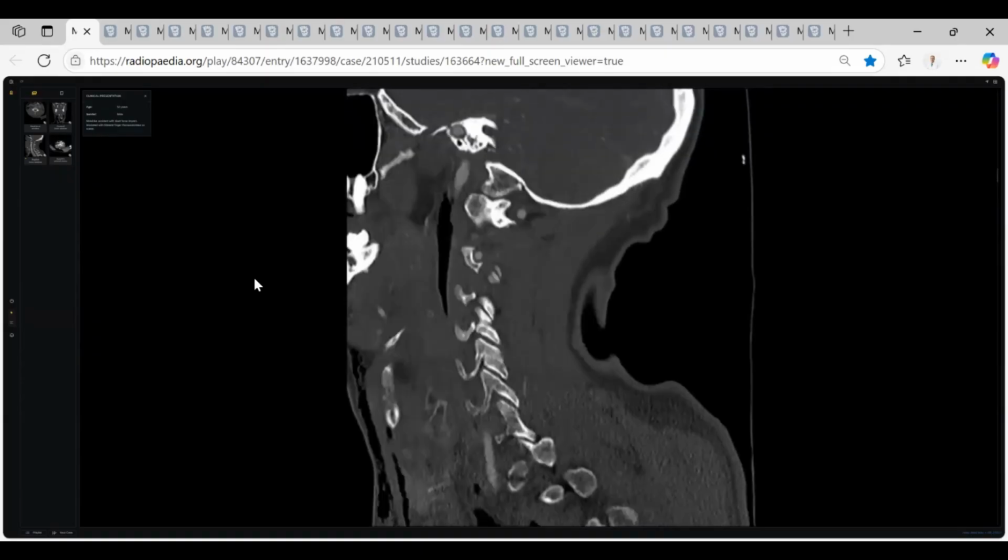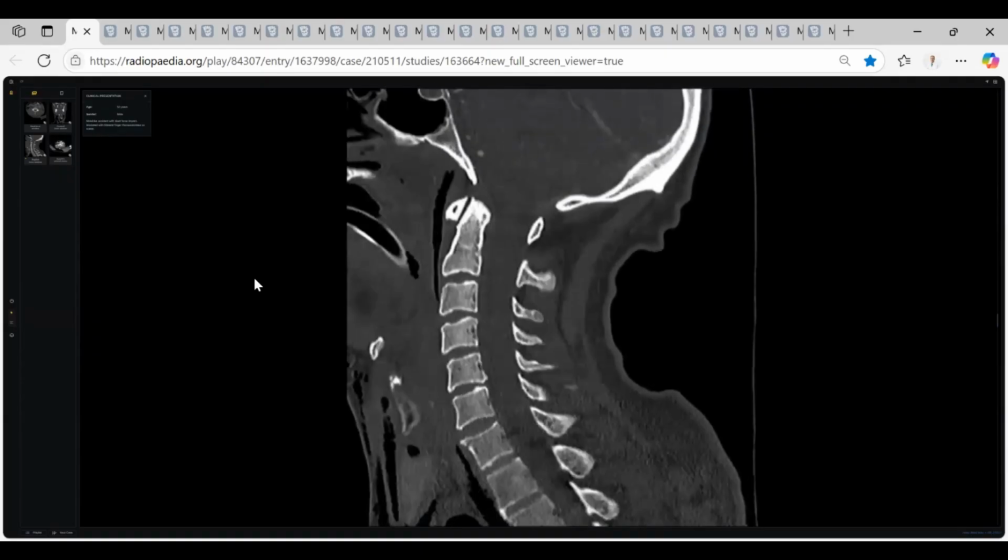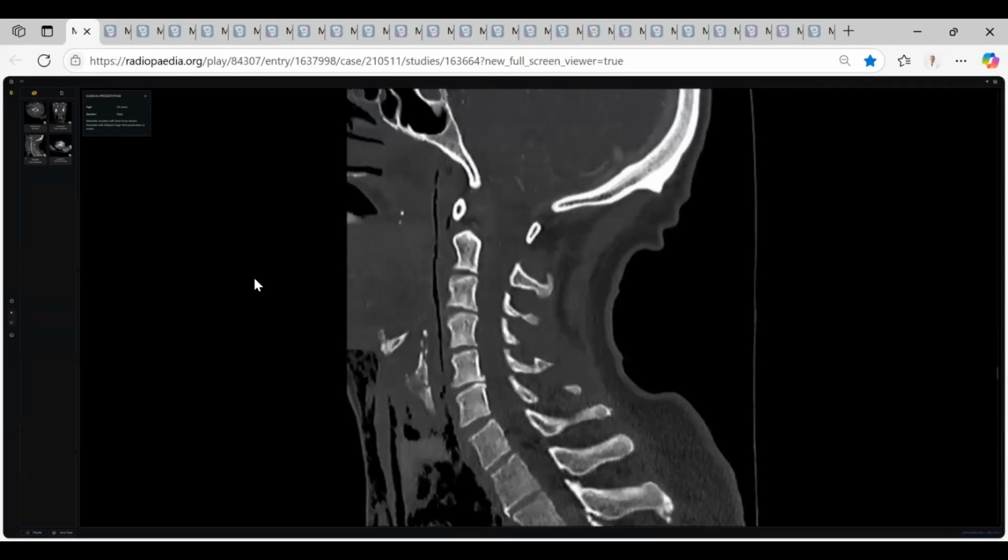And finally, it is very difficult, she picked up this very difficult finding: there is a thyroid cartilage fracture. Very important to mention because it is related to the larynx, to inspiration and expiration.